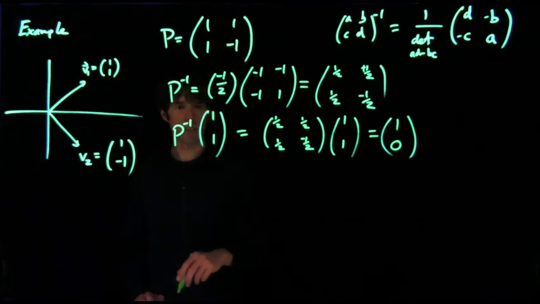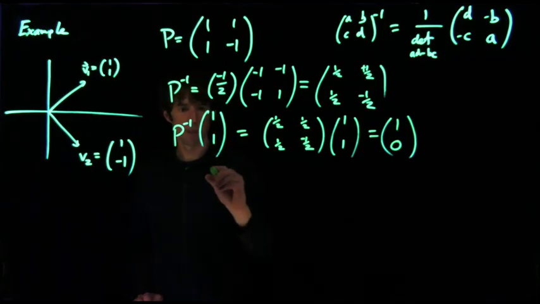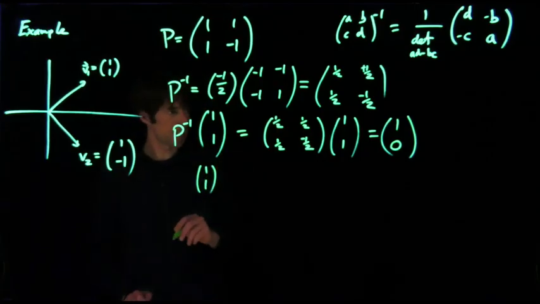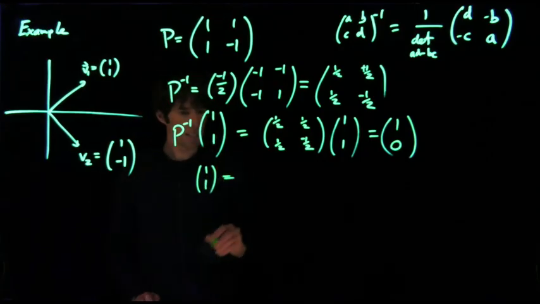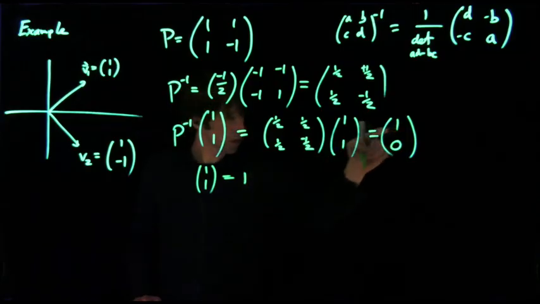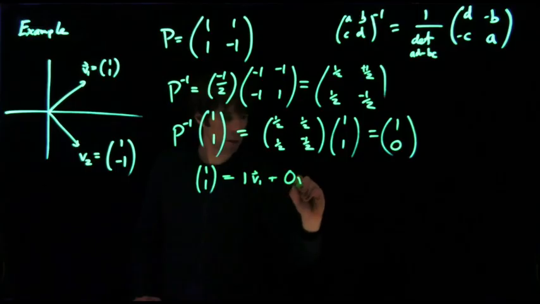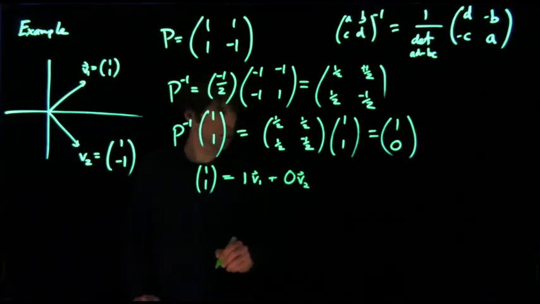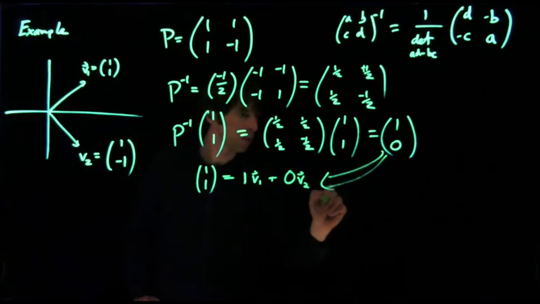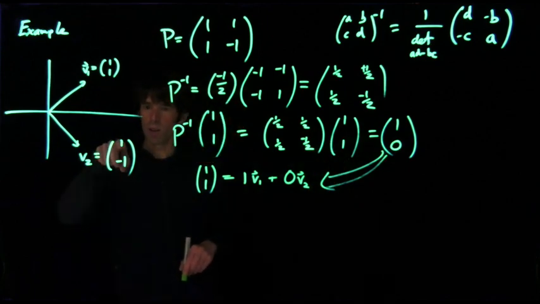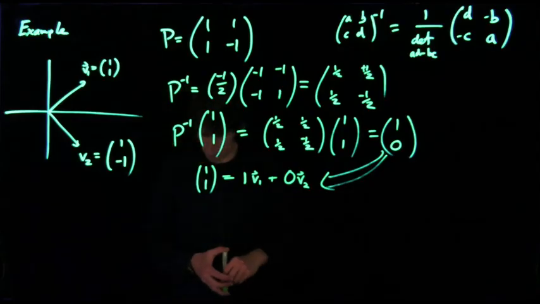So this is saying that this vector here, 1, 1, which is a representation in the standard basis, is equal to 1 times v1 plus 0 times v2. That's what this vector is saying. OK, and we could do the same check for 1, minus 1, but I won't bother writing that out.